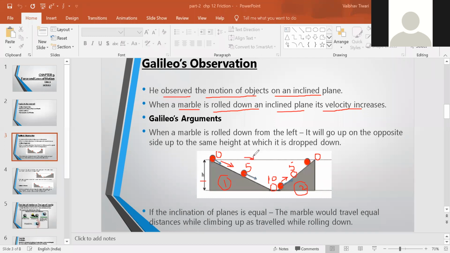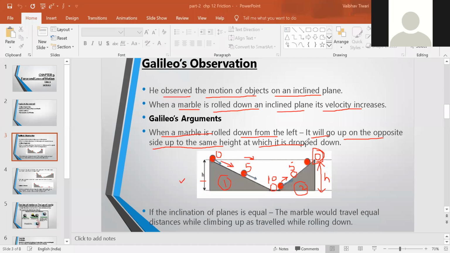You all can see the ball reached the same height even on the second plane, and only after reaching the same height did the speed of the ball become 0. So what he said was that when a marble is rolled down from the left side, it will go up on the opposite side, up to the same height from which it was dropped. This is what he concluded.